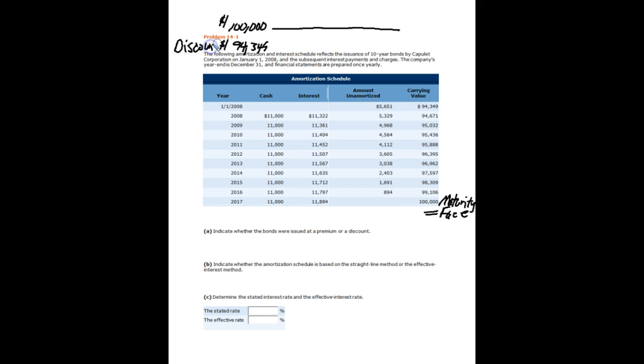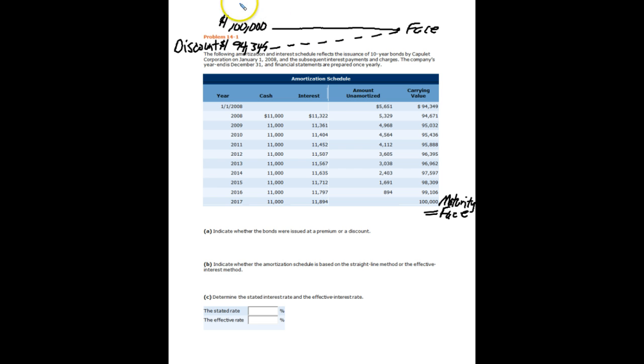And so what we see is that both the finance piece of bonds and then the accounting will mimic that as well. The value of the bonds over the life of the bond will grow to equal its face amount or maturity amount, which are the same amount. So when the bond is issued at a discount, the carrying value of that bond grows and grows and grows until at the end of the life of the bond, the carrying value equals the face amount, which happens to also be the maturity value of the bond.